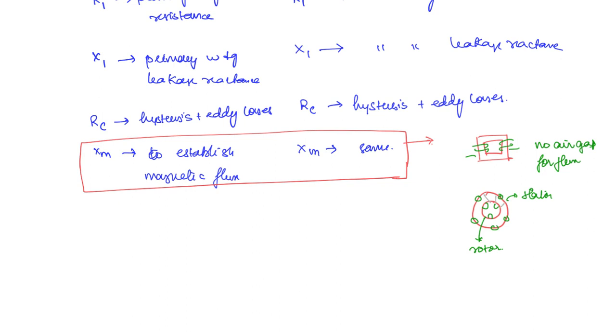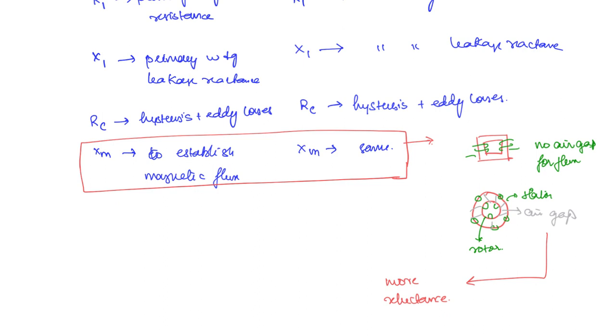Between the stator and the rotor, there is no magnetic core, there is air gap. And the flux has to pass through this air gap. Okay. So what will happen? The magnetic flux path will experience more reluctance. So air gap will lead to more reluctance.